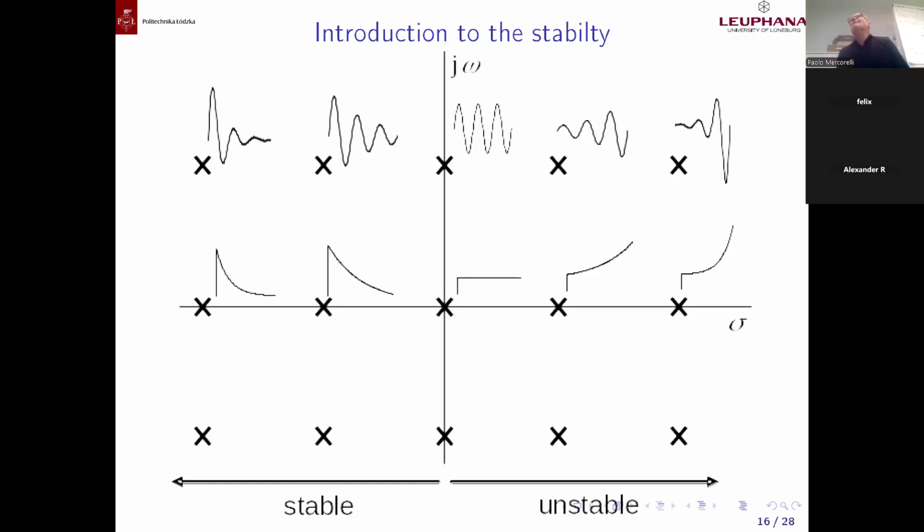What happens on the imaginary axis? We have a permanent oscillation in case sigma equals 0 and j omega not 0. And if j omega is 0, we have something constant. If j omega equals 0, but a single solution.